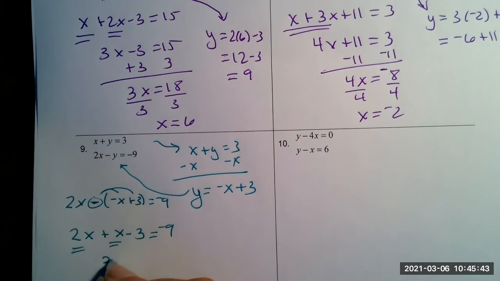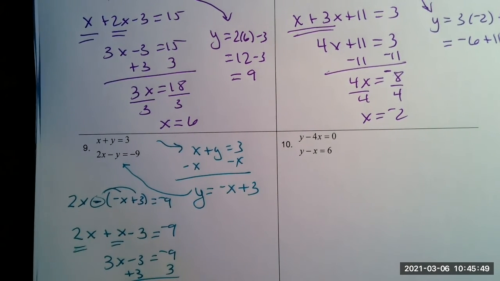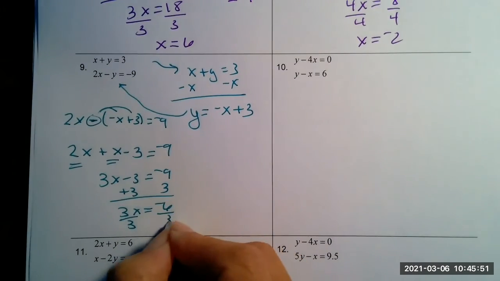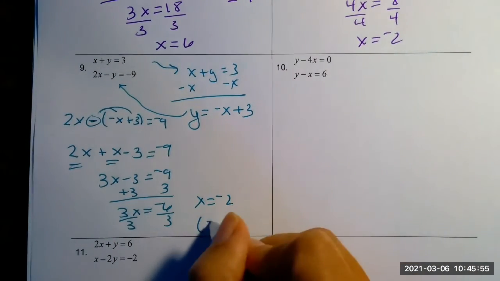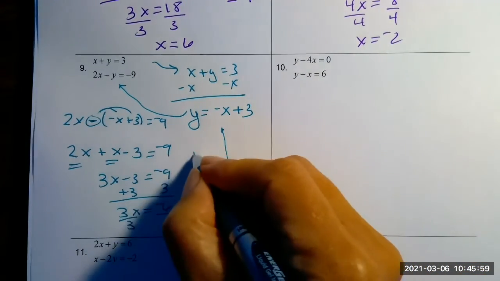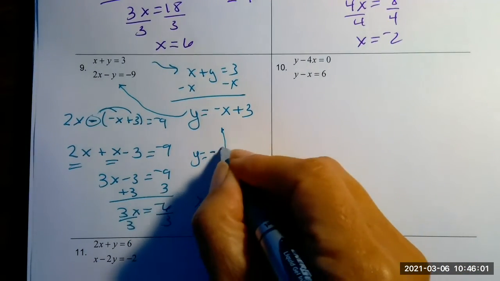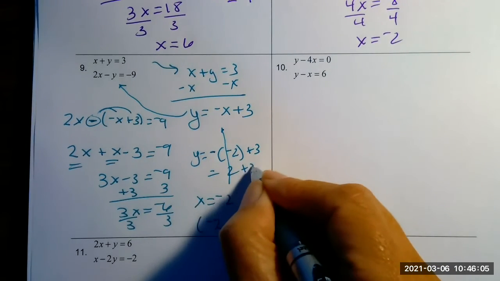We're going to combine like terms. I'm going to add 3. 3x equals negative 6. Divide by 3, x equals negative 2. So negative 2 comma, and then that's going to go up in there. So y equals negative 2 plus 3, which is 2 plus 3, or just 5.